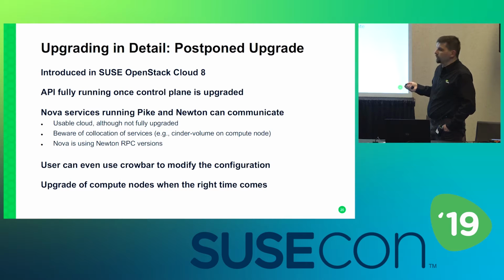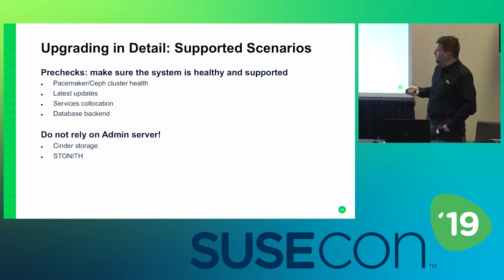If you have, for example, Cinder volume services there, that would not work because Cinder requires all services to use the same version. So we do a specific check for this collocation, and we tell users, okay, there is a Cinder volume running on a compute node. Non-disruptive upgrade won't be possible, something like that.